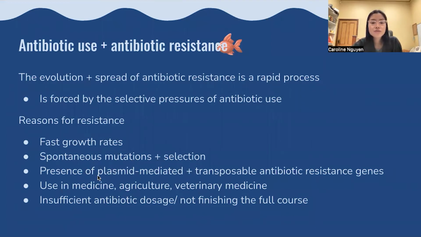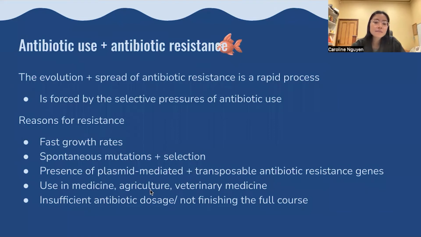You've also got the use of plasmids and transposons, which we talked about, which increase the rate at which antibiotic resistance spreads, as well as the fact that we use antibiotics outside of medicine too. So we have doctors prescribing them every day, but also farmers giving them to livestock every day and vets giving them to domesticated animals as well. So it's being given to not only people.